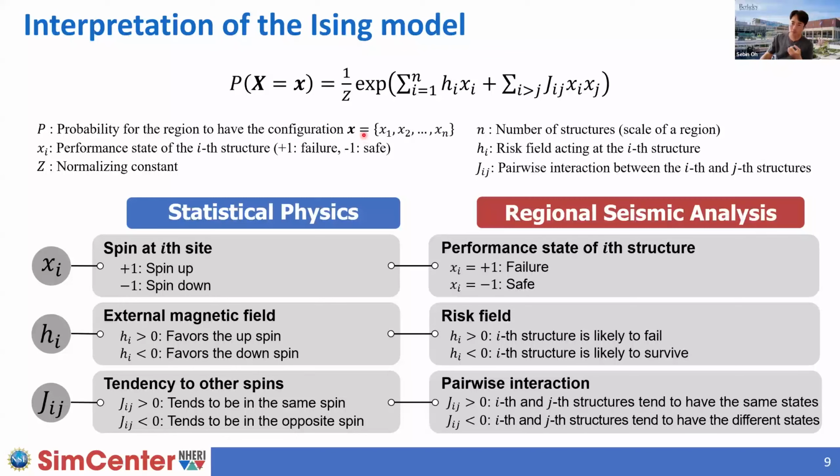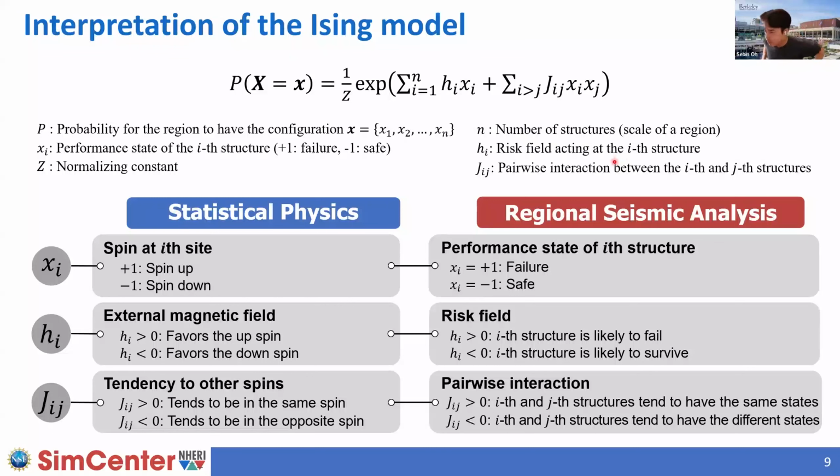And the damage state or performance state of the ith structure is represented as xi, where xi can only have binary values: I just used +1 for failure and -1 for safe. And Z is just a constant that normalizes the sum of all probabilities to be 1. And here n is the number of structures, which is equivalent to the scale of a region.